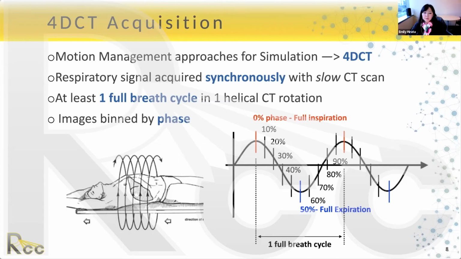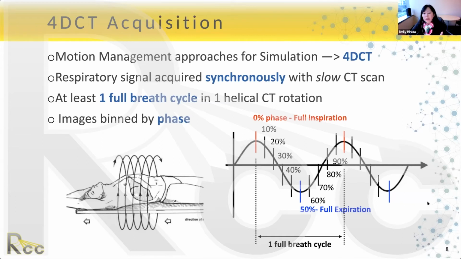The only time you really might have to worry is if you have a patient with a really, really slow breathing trace, and you might see some artifact. And so I won't go into it here, but certainly there are certain artifacts to look for that if you see it, then you may want to adjust the pitch of your CT scanner. But for the most part, you don't have to worry about it, because the default setting is set up so that you're oversampling for the most part.